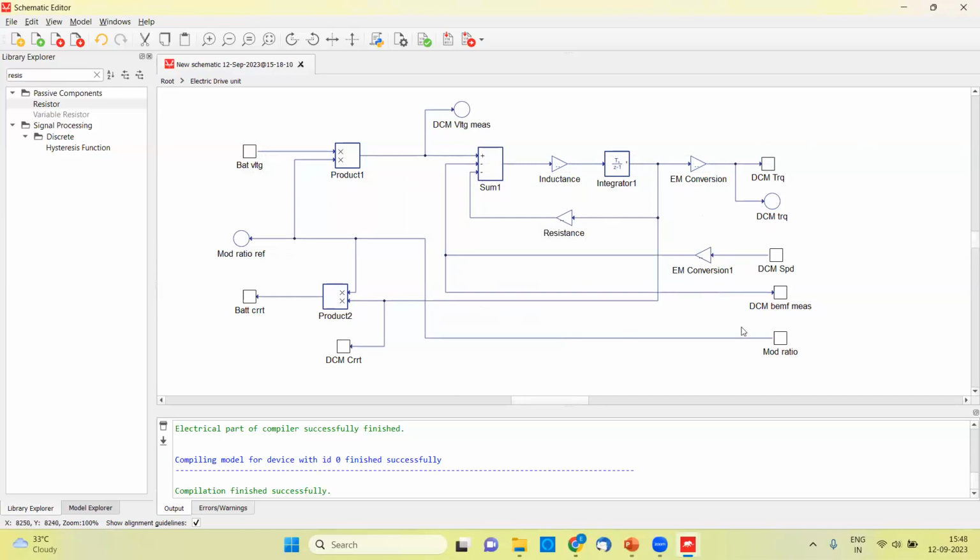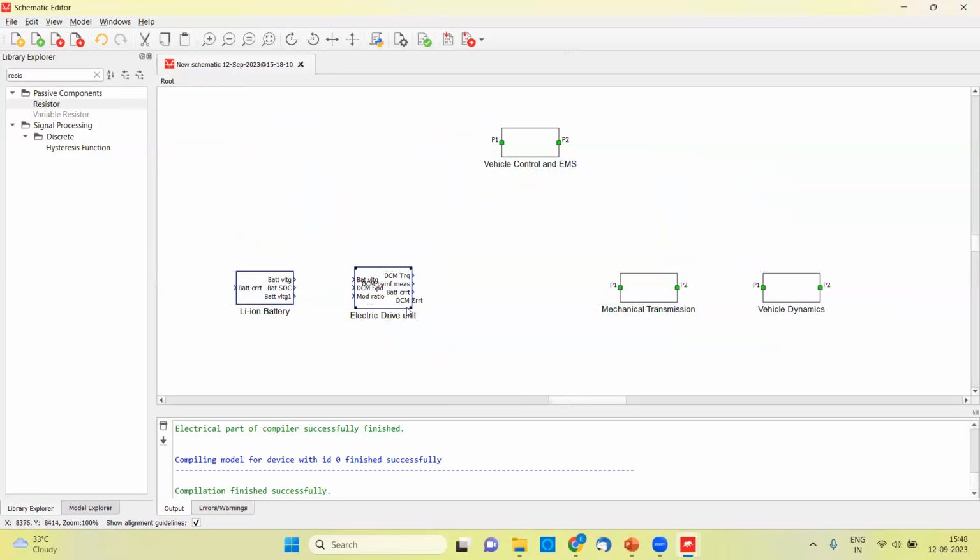We have made this entire subsystem. This is how we represent a DC motor mathematically. This is everything inside the DC motor. Instead of using a direct DC motor, we have done the mathematical modeling of it. So our second subsystem is ready. I will zoom in a little so that it's clearer for you all.